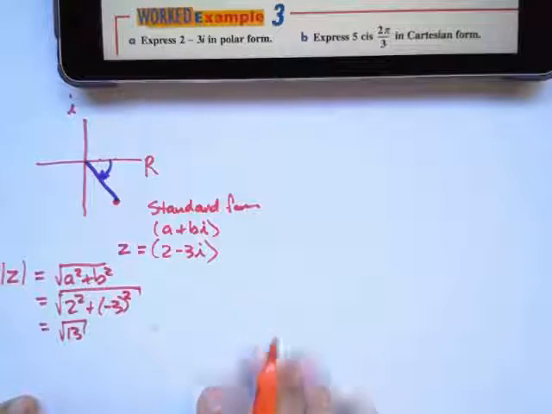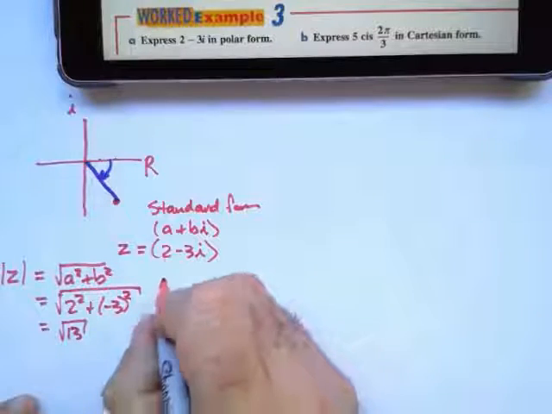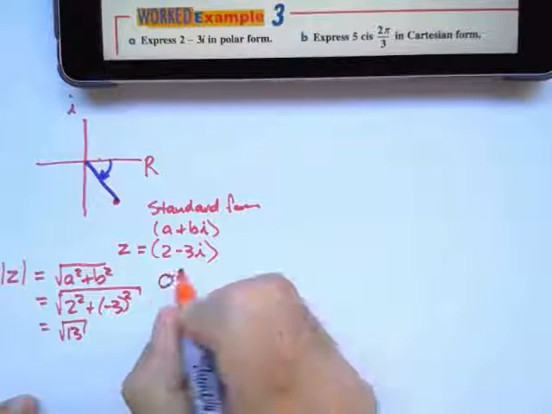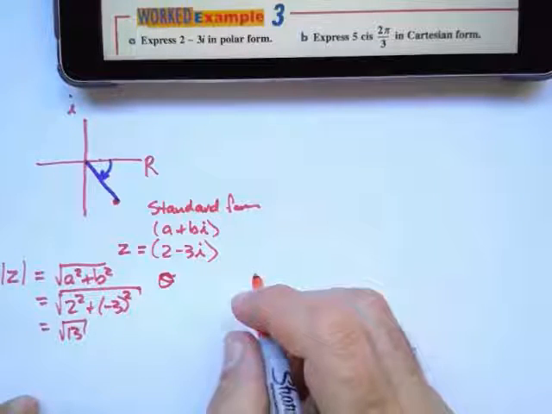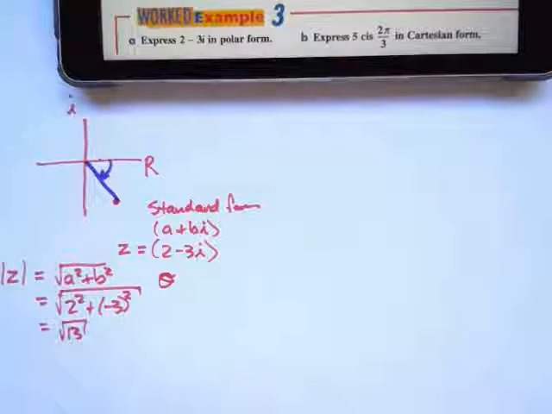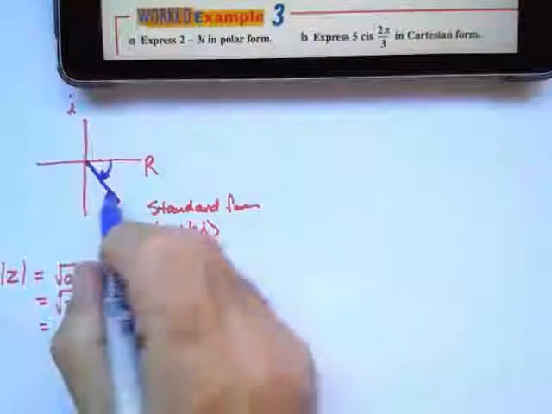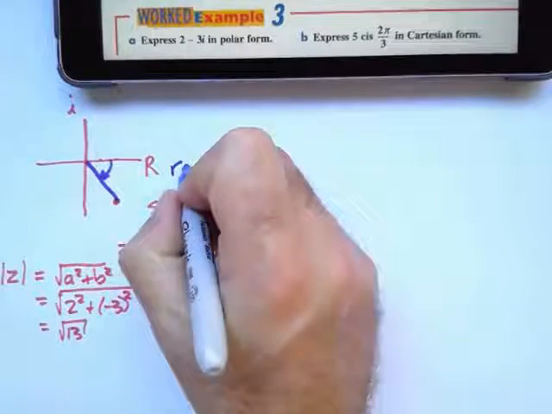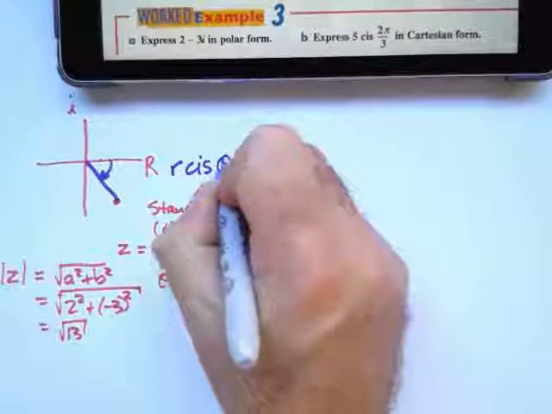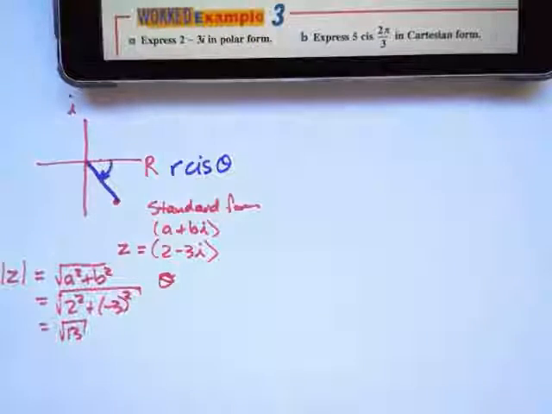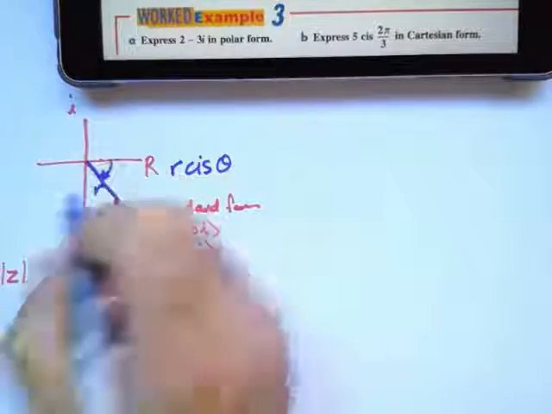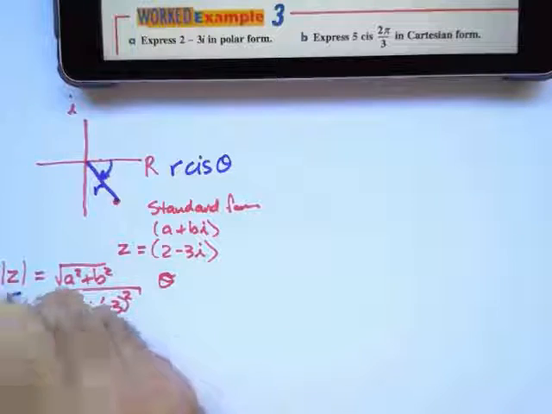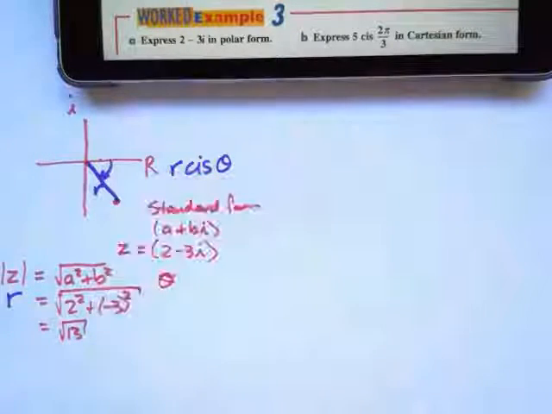Now we want to find the angle. The angle is also called theta, and theta is called the argument. So I'm just going to add it there. The other way of doing this was to say r cis theta, and please have a look at where that comes from in one of the other videos. r will be the radius, which is the magnitude, and theta is the angle.